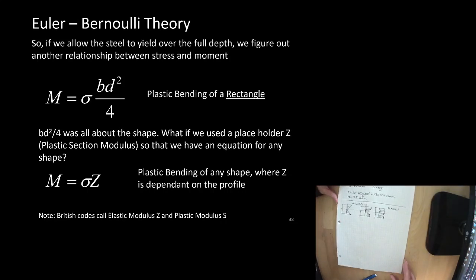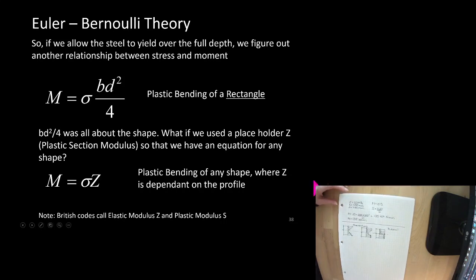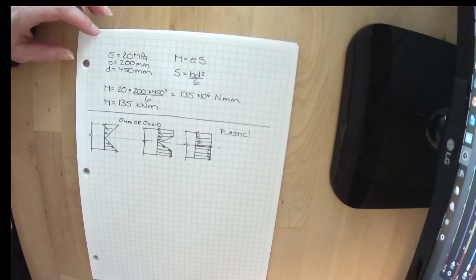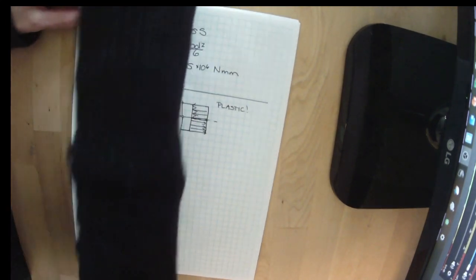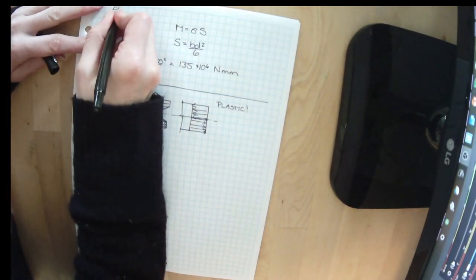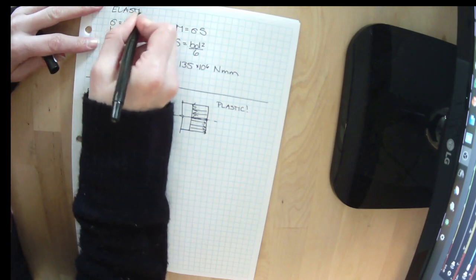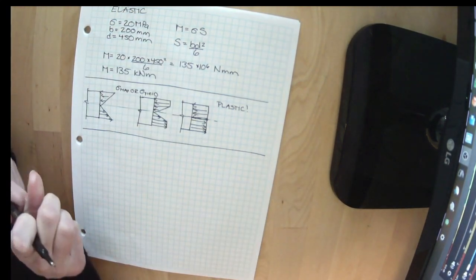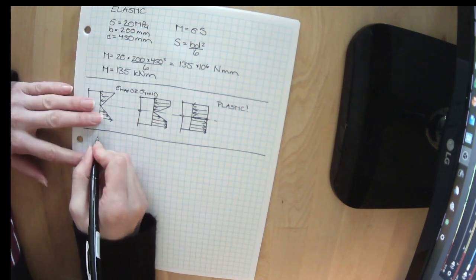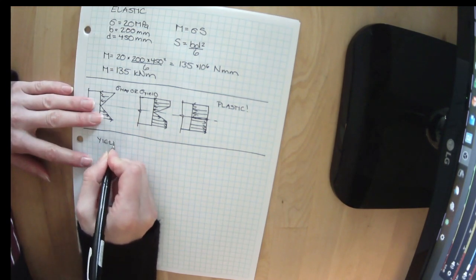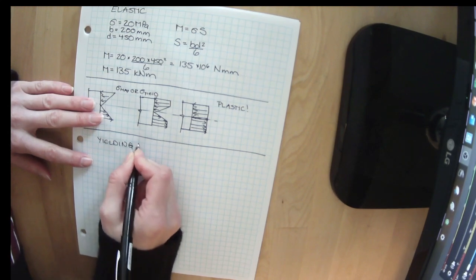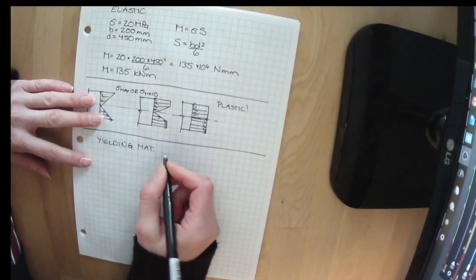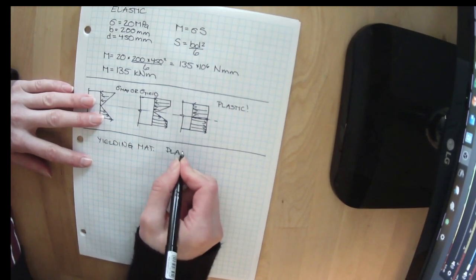So let's look at this same rectangle. We now know this was elastic. They've now told us that it's a yielding material, and we want to do the plastic.